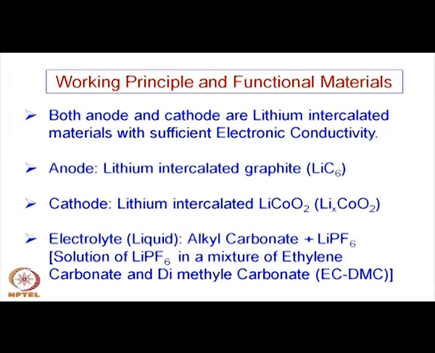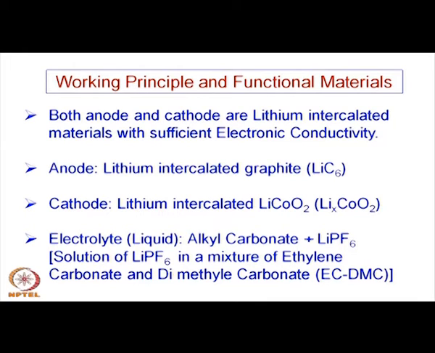So, that is what we call the lithium intercalated graphite. That is used as the anode, and the cathode is also another intercalated compound, but not graphite, it is an oxide, lithium cobaltite or lithium cobalt oxide. So, a variable quantity, it can be represented as LiCoO2 or LixCoO2, x is variable. A variable quantity of lithium can go into the structure and be accommodated.